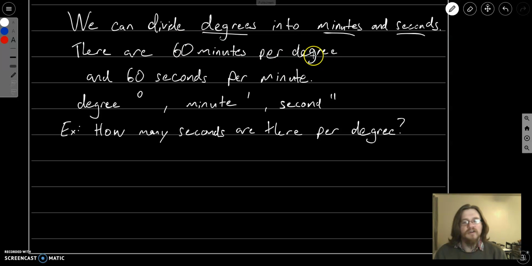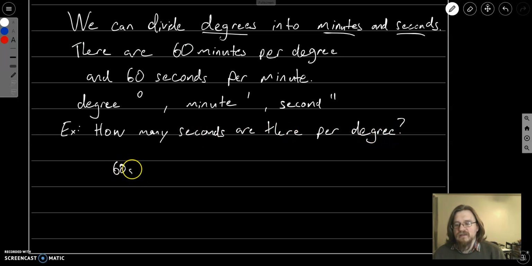So 60 minutes per degree also kind of makes sense. The symbols, we will use degree, so we've already been using just a little circle. 1 minute is just one little apostrophe like here, and a second is 2, kind of like feet and inches as well.